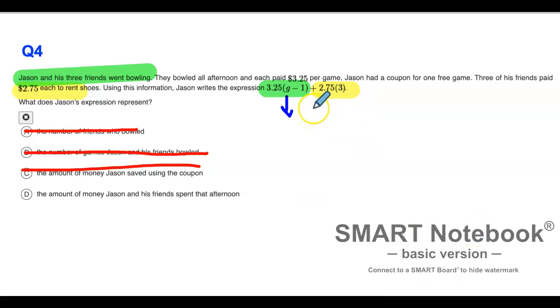Then Jason is adding to that the amount of money they spent on shoes. Because this yellow part is saying, hey, there were 3 people that rented shoes, and it cost $2.75 per pair of shoes. So our correct answer here is D. The expression represents the amount of money Jason and his friends spent that afternoon.